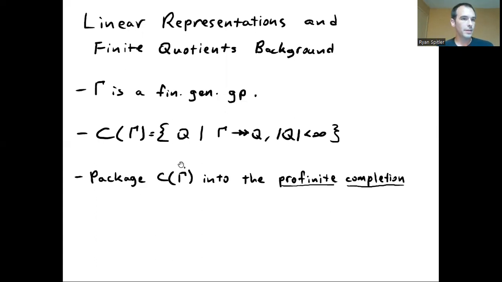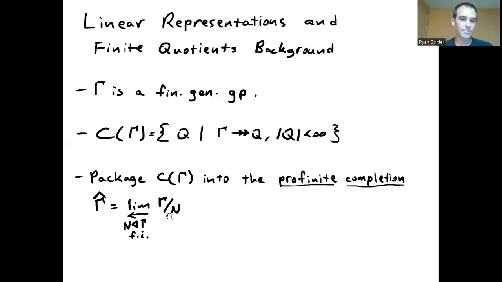One thing we can do with this collection of finite groups is package it up into a tighter object that can be more useful. What we'll package it into is called the profinite completion. We'll denote it with gamma hat. It's the inverse limit of the quotients gamma mod N, where N is a normal subgroup of gamma of finite index.